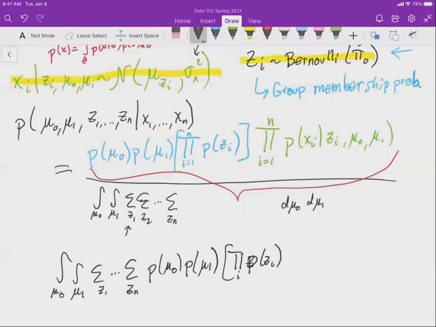And since these two terms are both products, we can actually just group them together with the product of P of xi given zi, mu0, and mu1.